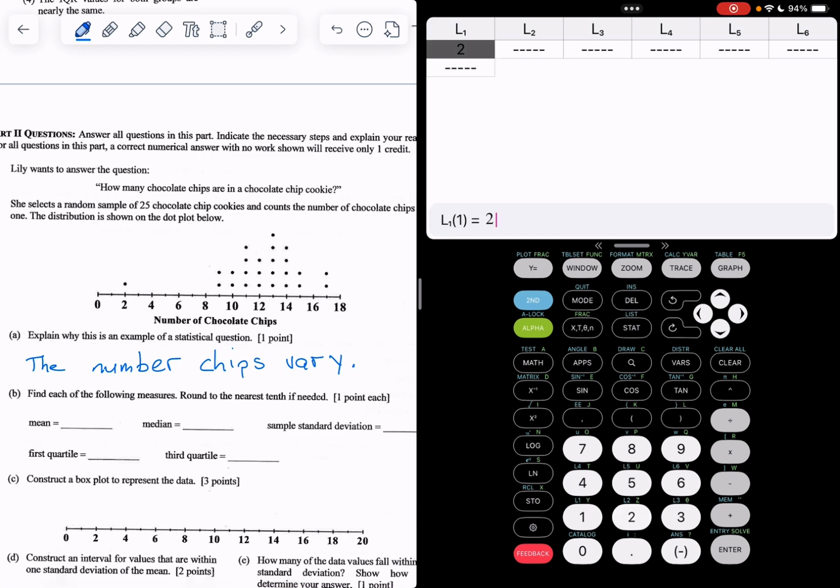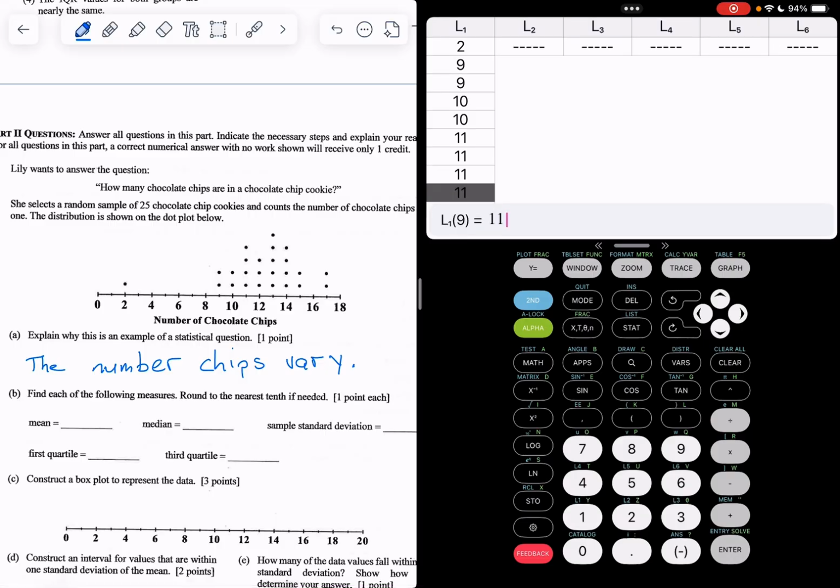There's a 2. There are 2 9s. There are 2 10s. There are 4 11s. There are 3 12s. There are 5 13s.